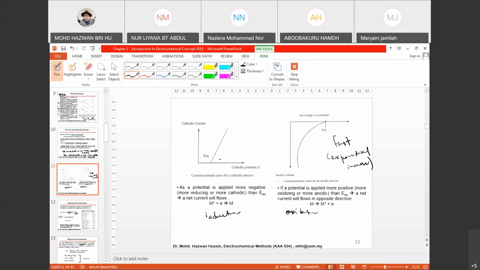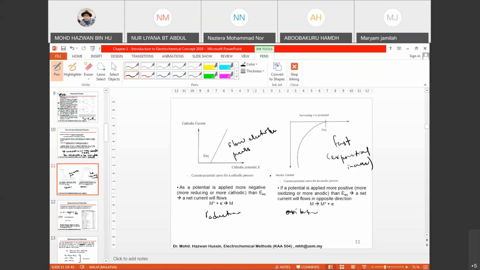Meanwhile, over here, you see that it builds up gradually. This is known as a slow electrode process, mostly for the reduction process, or a less reactive electrode.